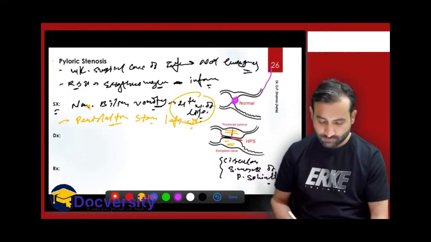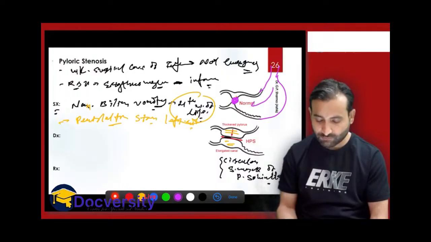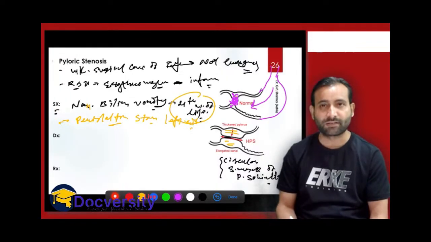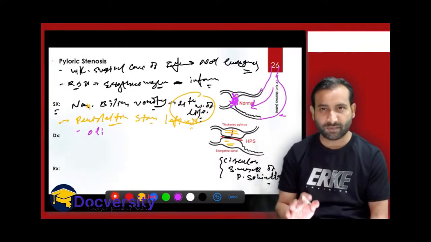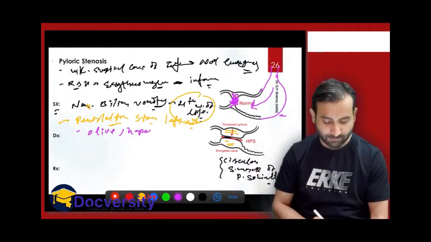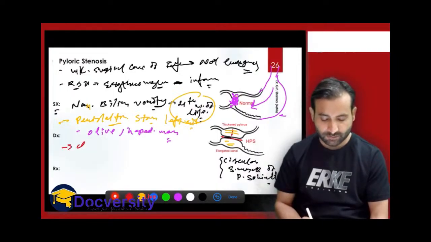Is that okay? Because you have the obstruction over here, and then your stomach is over here, right? So the stomach will move from the left side to right side, but it does not empty over here, right? So you can see the vigorous peristaltic movement from outside. You can see the olive-shaped mass from outside, right?